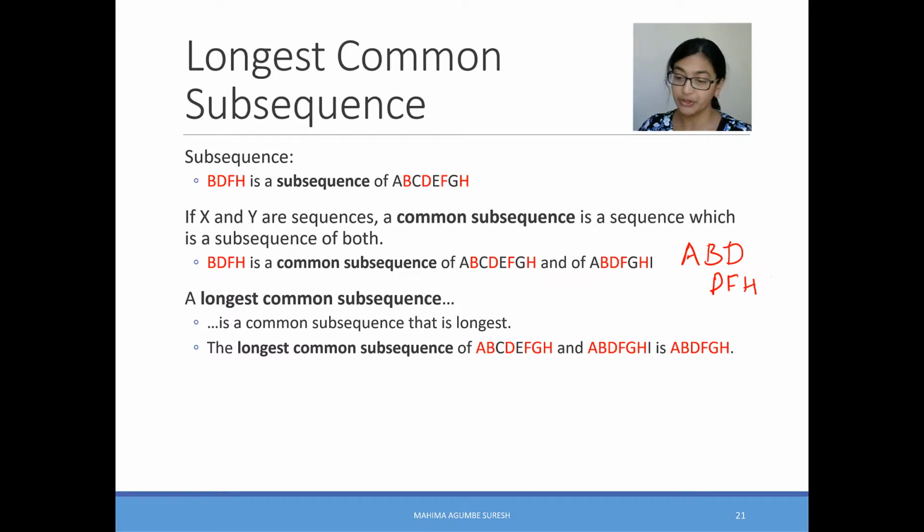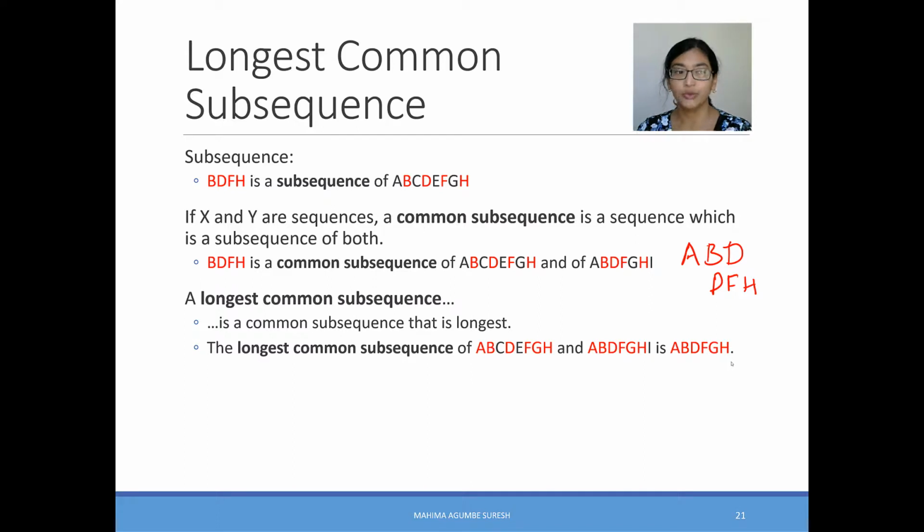So that is the description of the problem, meaning given two strings, let's say ABCDFGH and ABDFGHI, then the longest common subsequence is the longest such string that you can come up with, such that it's a subsequence of both of these strings. For example, in this case, it is ABDFGH.